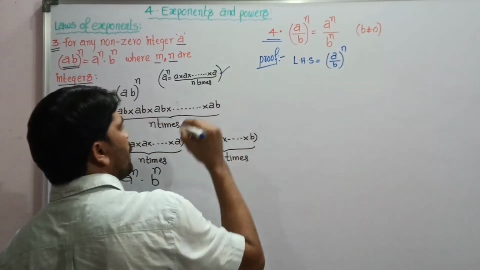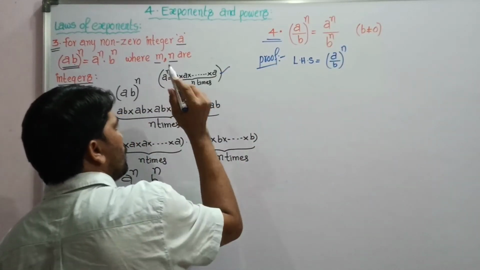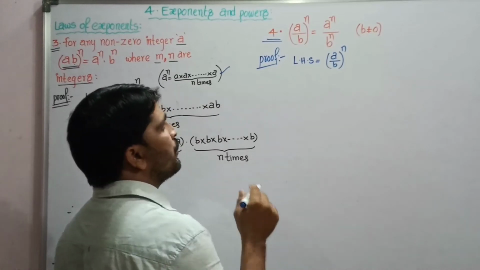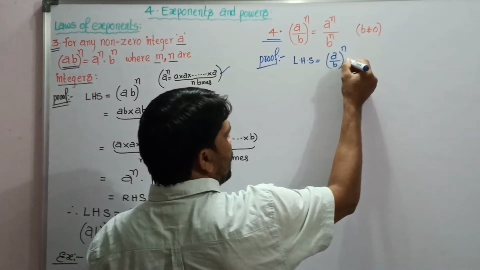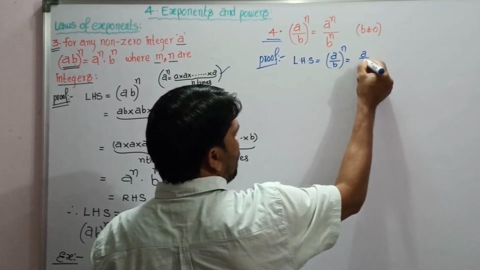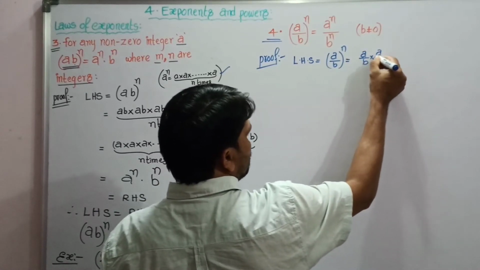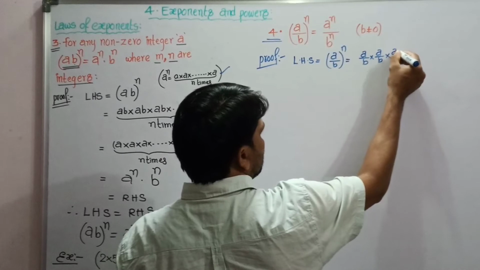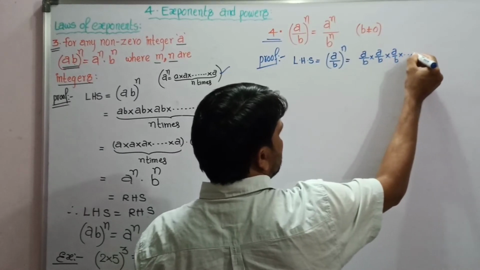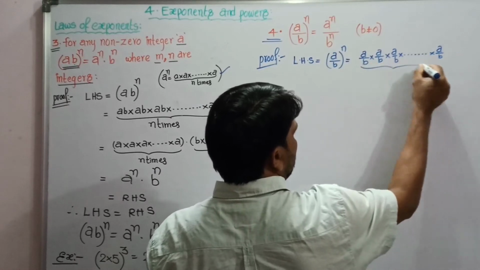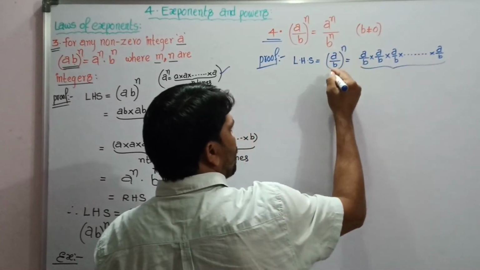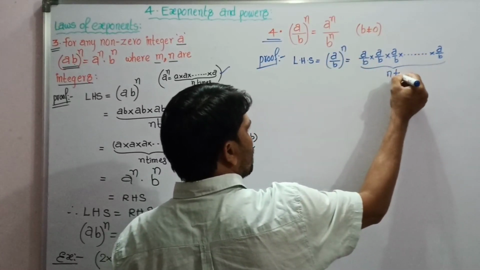By the definition of exponents, a^n can be written as a × a × a × ... and so on, n times. In a similar manner, this can be written as a/b × a/b × a/b and so on, that is, the base a/b occurs n times in the product.